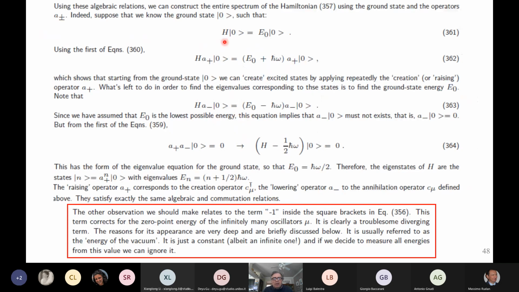This is interesting because let's consider the fact that we have a ground state. The potential is a minimum because it's a parabolic potential, so there must be a minimum energy. Let's call E0 the ground state energy, and with bracket notation, |0> is the ground state of the system.